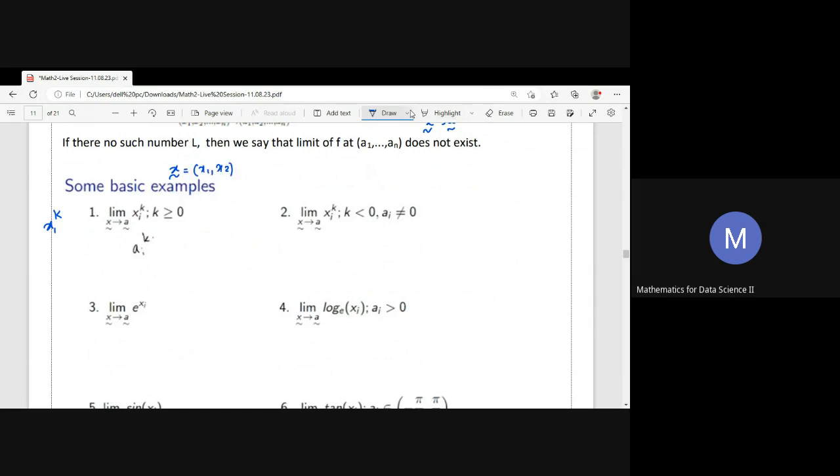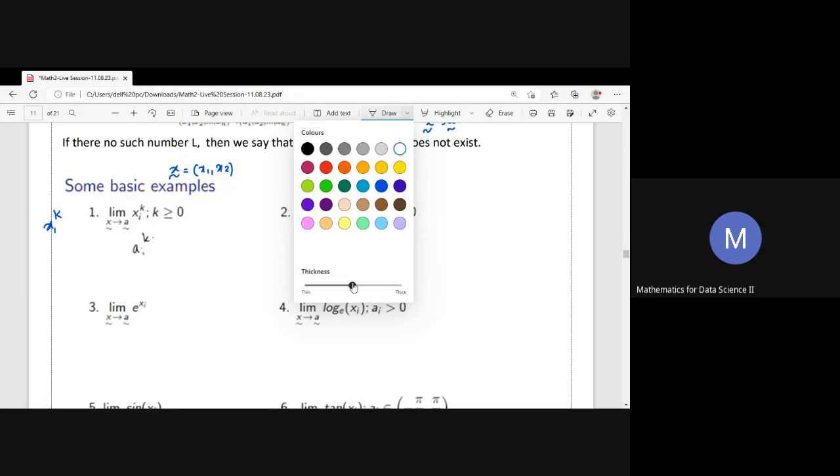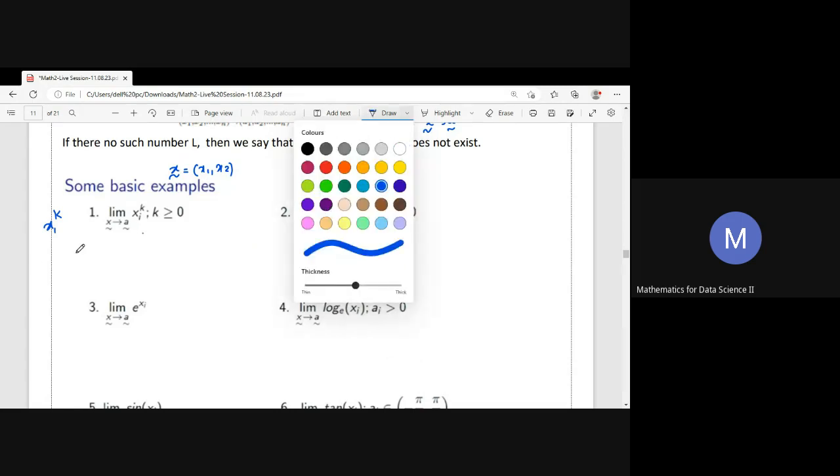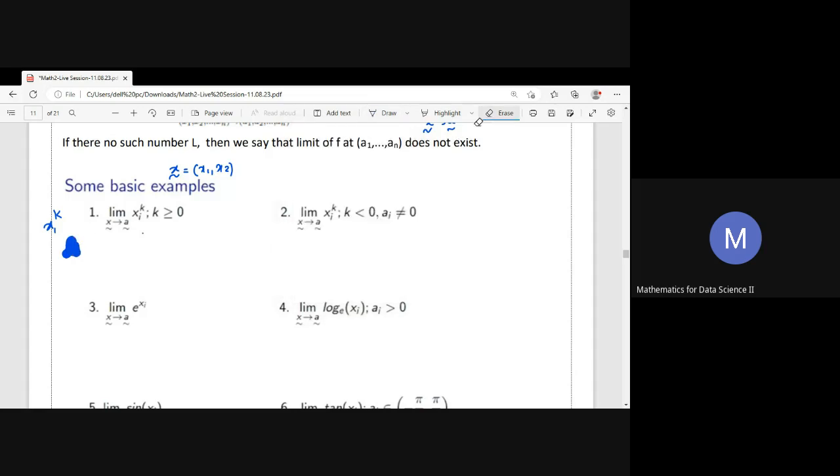Then what happens to the limit as x1, x2 goes to a1, a2? Let us say, for example, x1 power k.